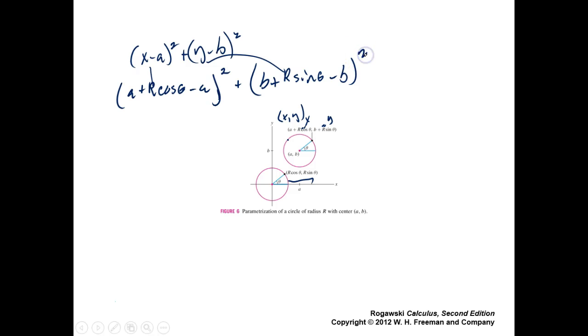And that would be squared. Well, a minus a is 0, b minus b is 0, and this is r squared cosine squared theta plus r squared sine squared theta.